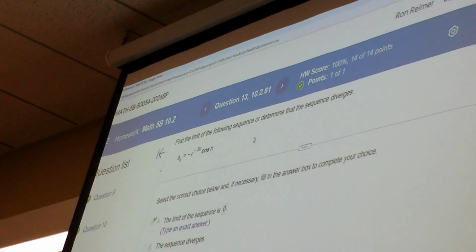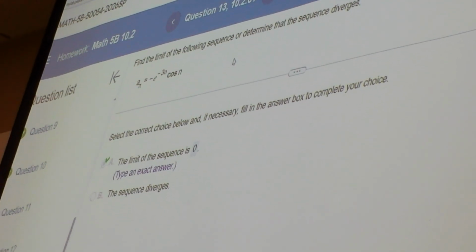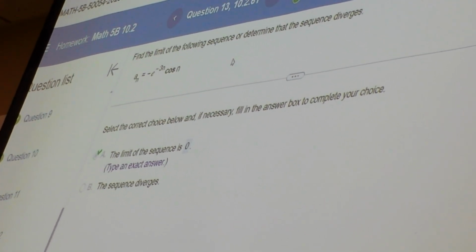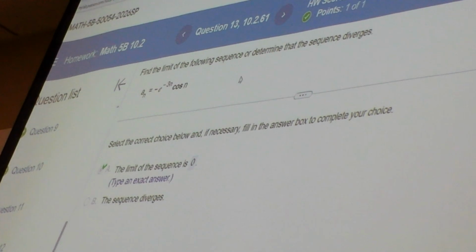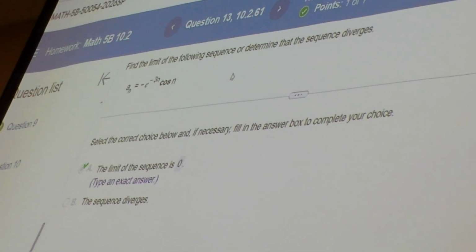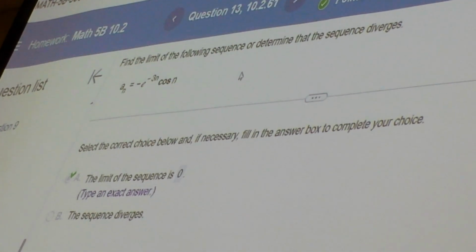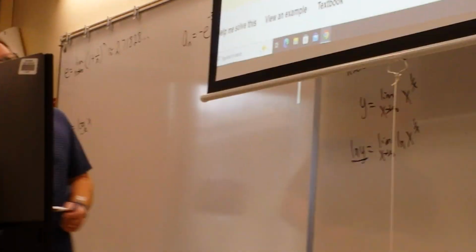See if I can get through this off the top of my head here. We have a sub n equals negative e to the negative 3n cosine n. We know that the answer is going to be 0.